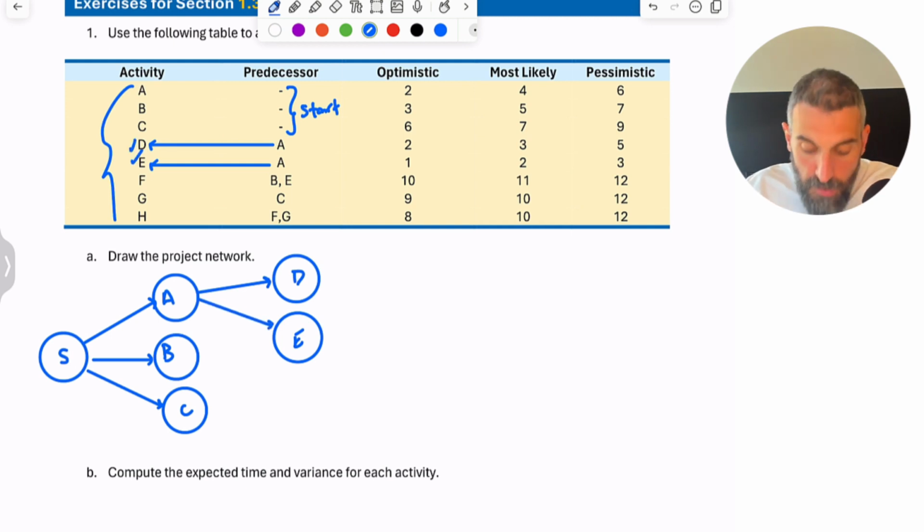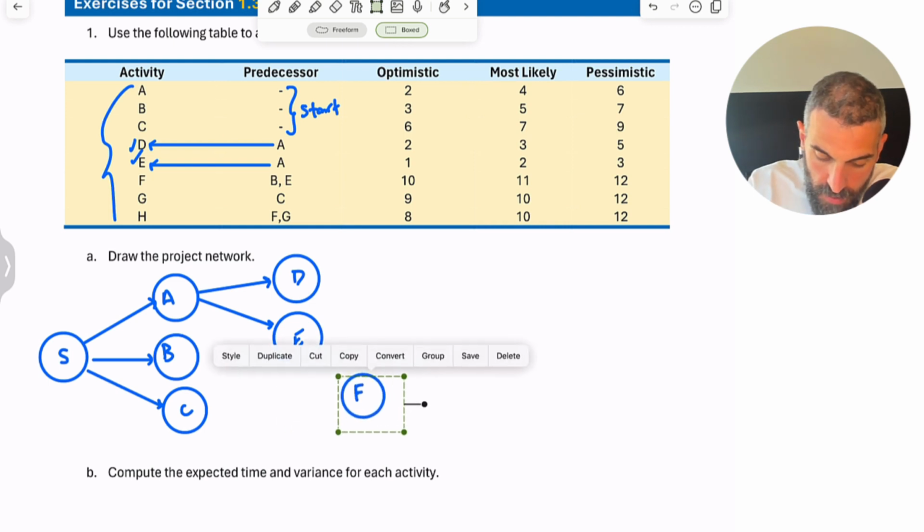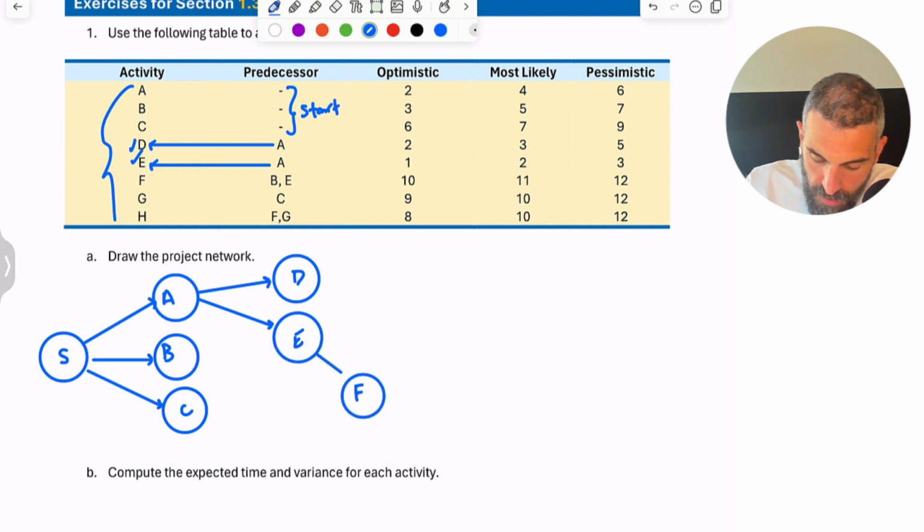F comes after B and E. So I'll put F here. Actually, I'll move it a little bit. Bring it here. So both E and B go into F. That's done. C goes to G, like this.